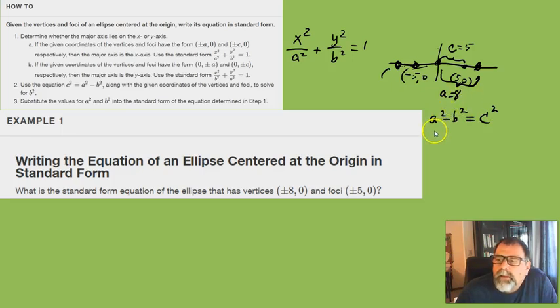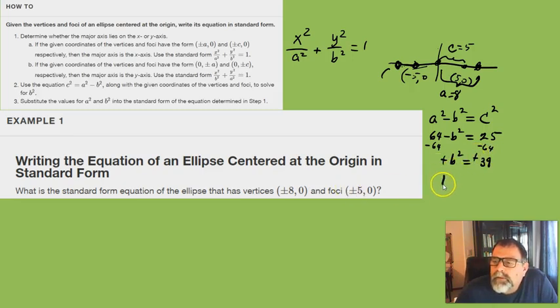So we get a squared minus b squared equals c squared. So let's see, a squared is 64, 5 squared is 25. And then I'm going to subtract 64. So b squared is, what's that, 39? Let's see, 39. And then negative 39, and then I divide both sides by negative, so those become positives.